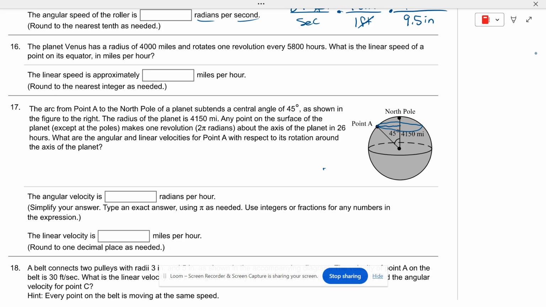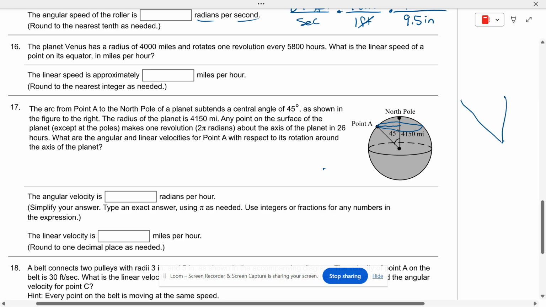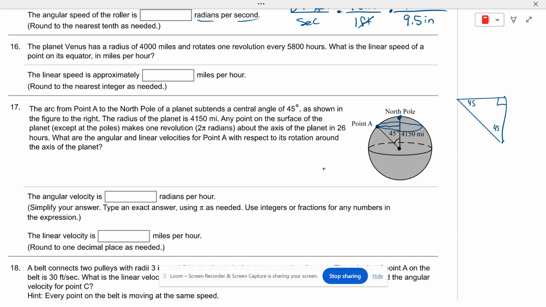Okay? Now what happens is it's a 45, 45, 90 triangle. So this is 45 degrees, this is 45 degrees, this is 90 degrees. Now, if this radius from here to here is 4,150, the radius from here to here should also be 4,150.